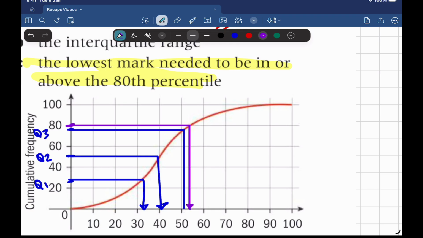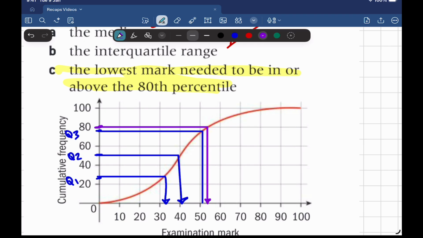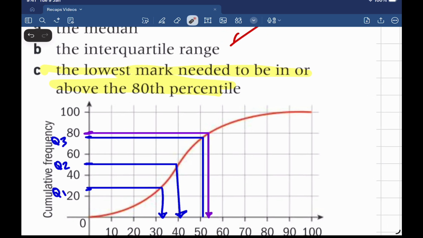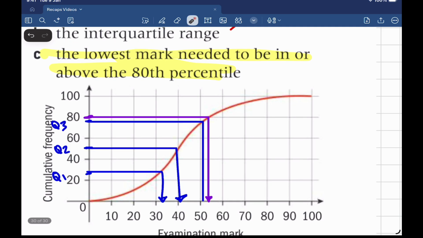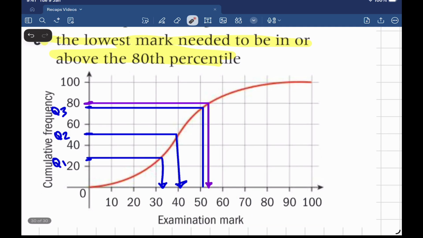Pay attention. The statement says the lowest mark needed to be in or above. What is the meaning of this, in or above? They are asking for the lowest mark in order to be here, from the 80% to 100. As you can see, this is only the 20% of people that got a very specific amount of marks. In this case, the marks are given here on the x-axis.